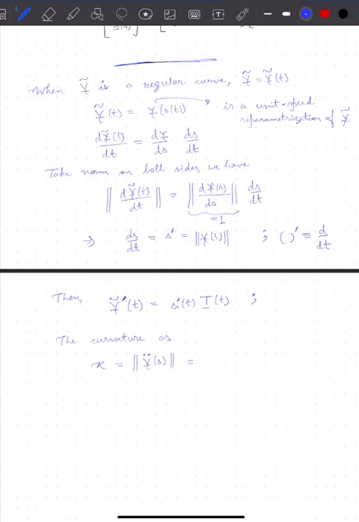When written in terms of arc length parameterization, what we mean to say here. So this is with the arc length parameter.